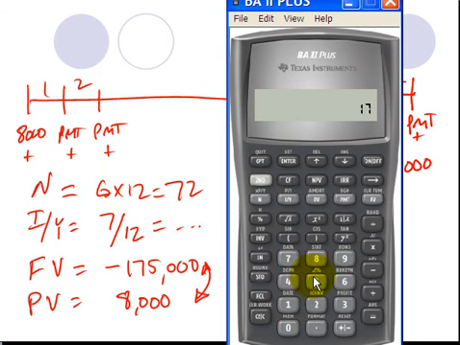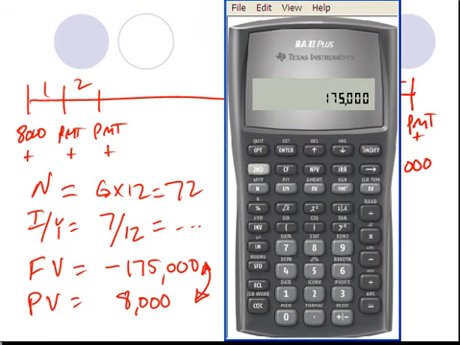We'll do 175, and then we'll hit the plus-minus button to make it negative. That's going to be the future value, and the present value is 8,000. And notice this is going to be a positive number. There's your present value, and so we compute the payment.